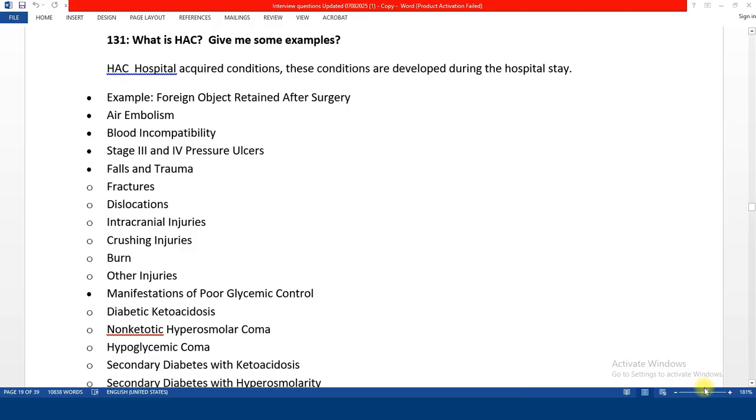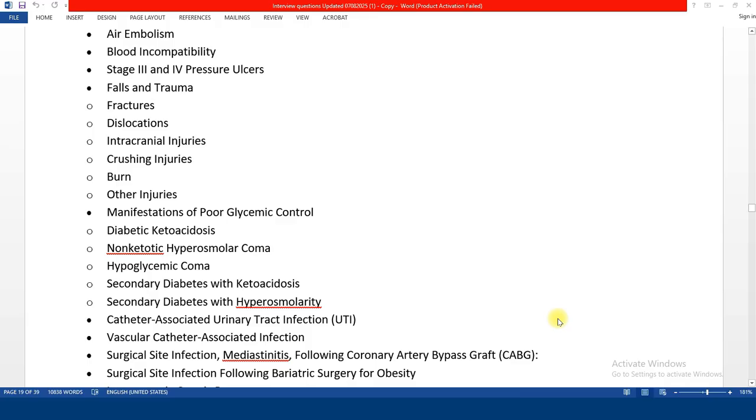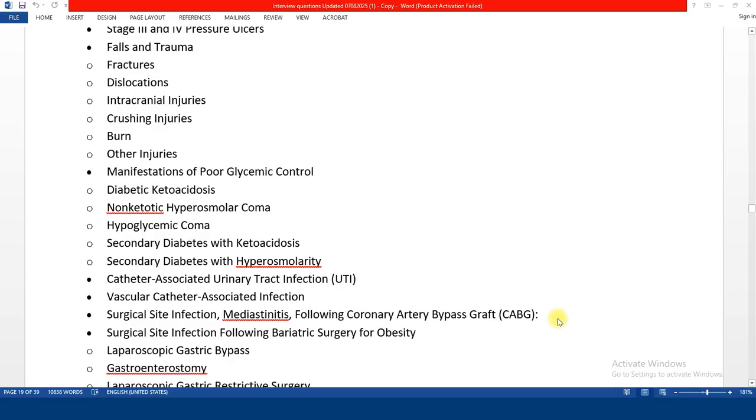What is HAC, hospital acquired conditions? Give me some examples. So basically HAC means these conditions will most of the time occur during the patient's hospital stay. Common examples: foreign object retained after surgery, air embolism, blood incompatibility, stage 3 and 4 pressure ulcer, poisoning and trauma, fracture, dislocations, intracranial injuries, crushing injuries, burns, other injuries, manifestations of poor glycemic control.